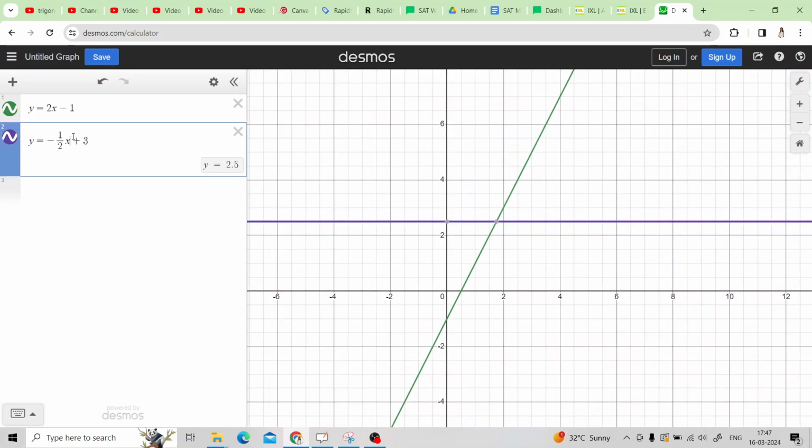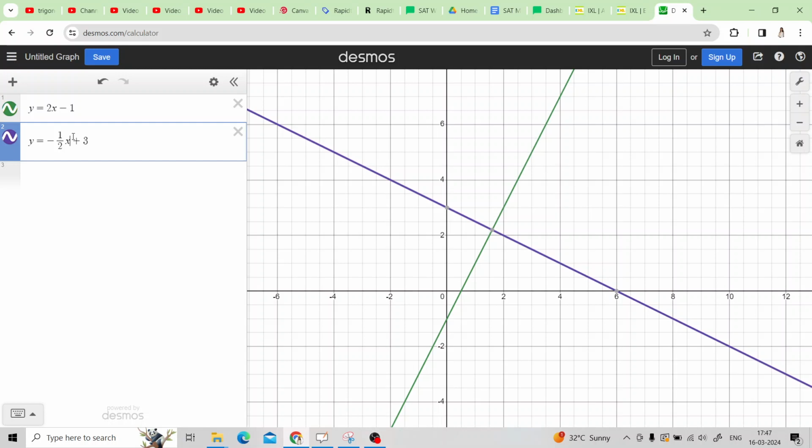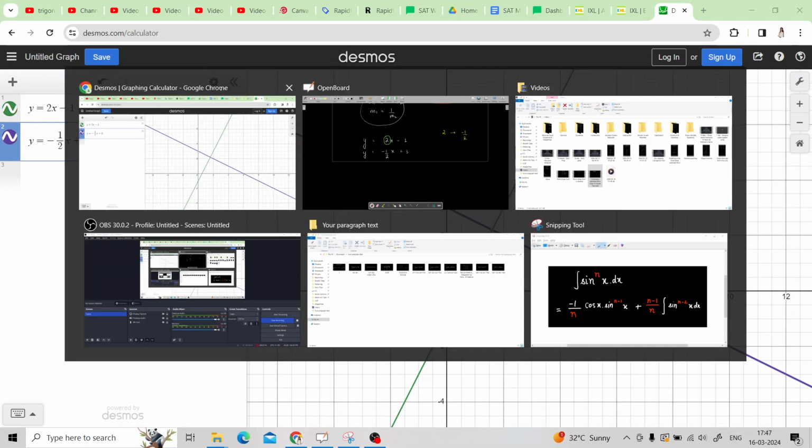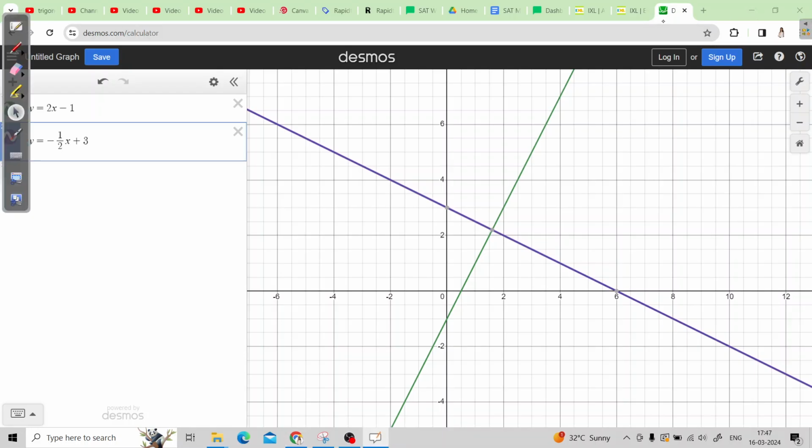Oh, I'm sorry, my bad. So now you can clearly see that these two lines are perpendicular. Okay, so remember that the slope of the first line times the slope of the second line will give you negative 1 if the two lines are perpendicular.